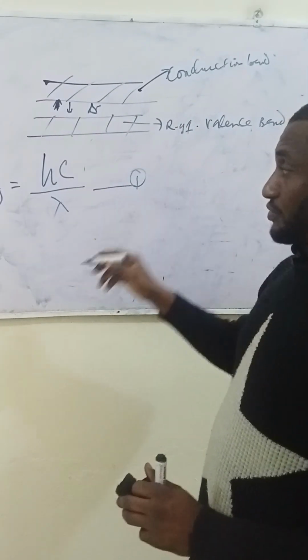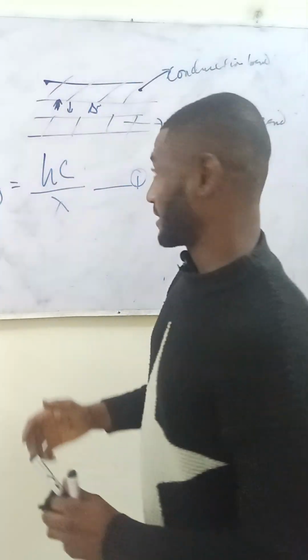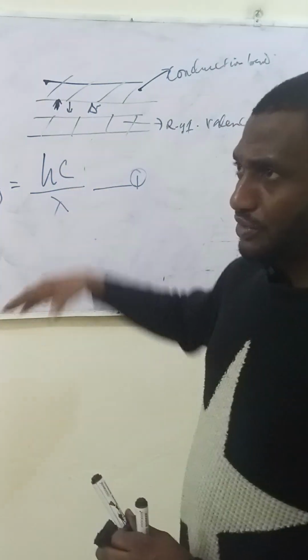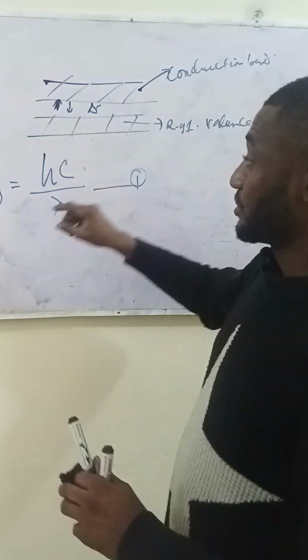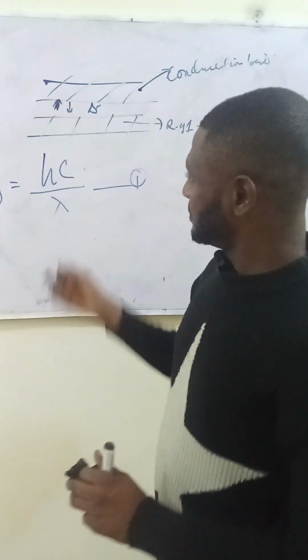Light has a dual property: it can behave as a particle and it can behave as a wave. So de Broglie, Planck and others have already coined that this energy is given by equation 1.